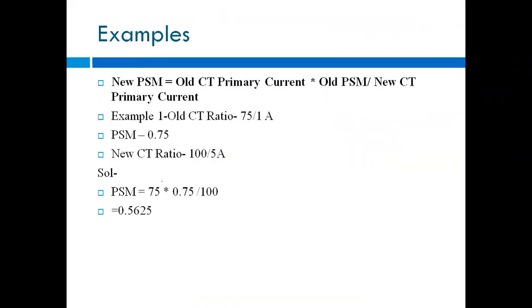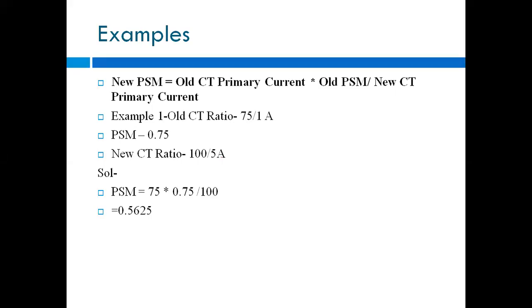Now there are some examples. Here the old CT ratio is given, that is 75 by 1 ampere. The plug setting multiplier is 0.75, and the new CT ratio is given, that is 100 by 5 ampere. Here we have to find the new PSM.